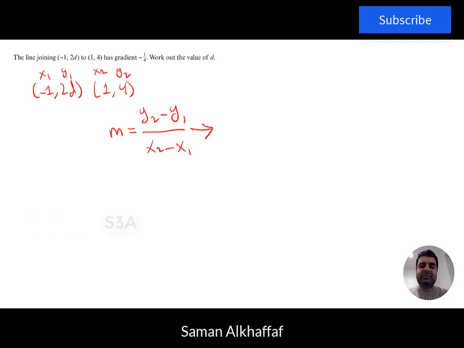So we have the gradient being -1/4. We have y2 is 4 take away y1, which is -2d, over x2, which is 1 take away -1.